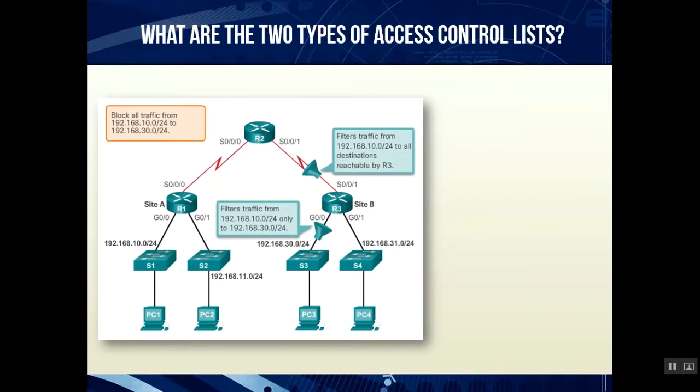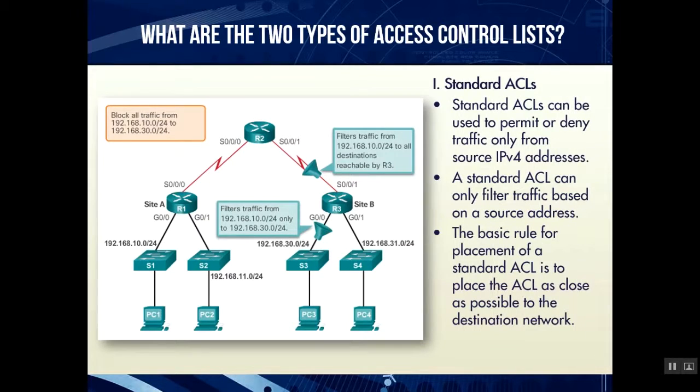And what are the two types of access control list? First, standard ACL and its placement. Standard ACLs can be used to permit or deny traffic only from source IPv4 addresses. The destination of the packet and the ports involved are not evaluated.